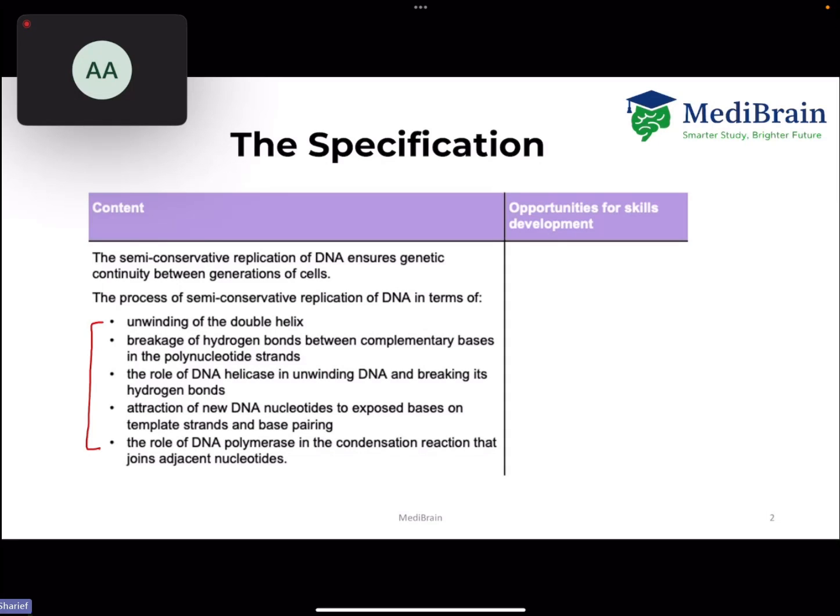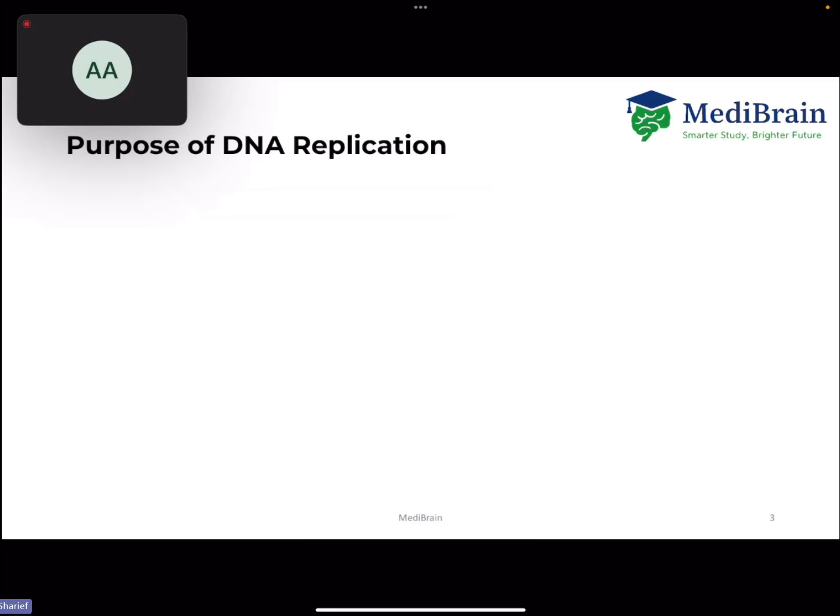So if we start off now, first of all, I'm going to go through the purpose of DNA replication. Now, you're probably wondering what DNA replication is and why we need it. Well, if we didn't have it, we wouldn't be able to grow and we wouldn't be able to repair, because we saw that the DNA codes for a specific sequence of amino acids.